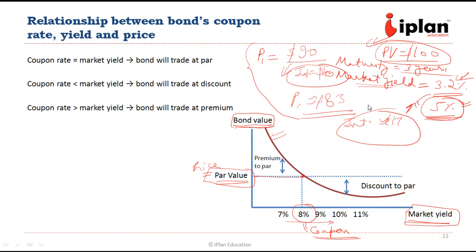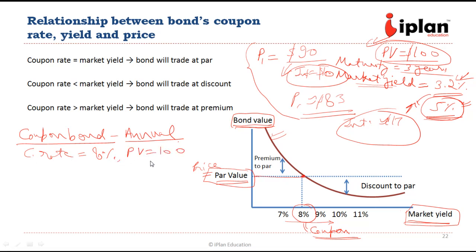For example, let us take the case of a coupon bond. For example, this is an annual coupon bond. Coupon rate is say 8%, par value is 100 and market yield is also 8%. So what should be the value of the bond? Suppose the yield to maturity, which is 8%, and say time to maturity is 1 year.